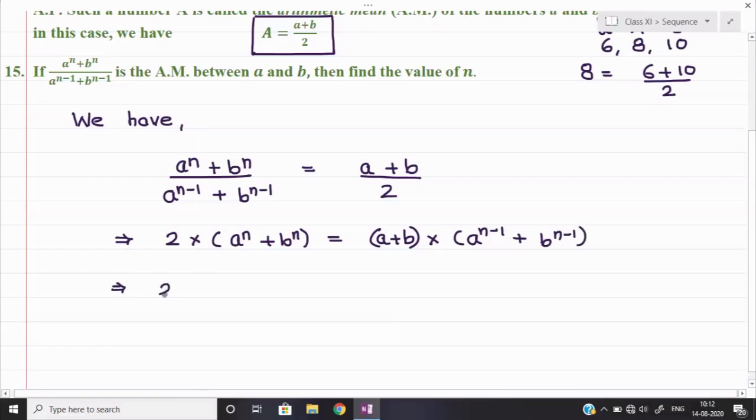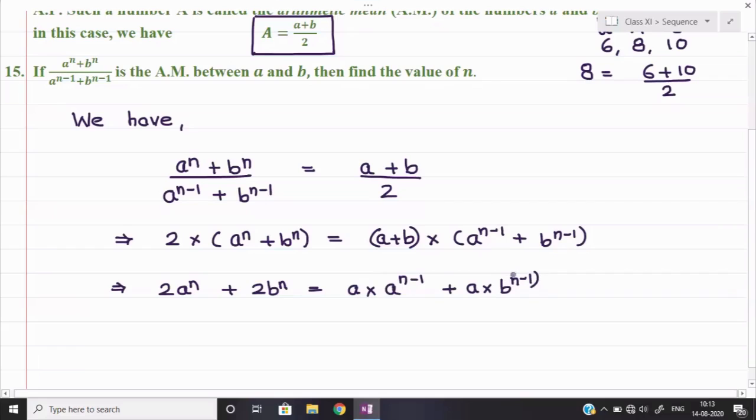So this will be 2a to the power n plus 2b to the power n is equal to. Now see, a will multiply in a to the power n minus 1 and b to the power n minus 1. So this will become a into a to the power n minus 1 plus a into b to the power n minus 1.